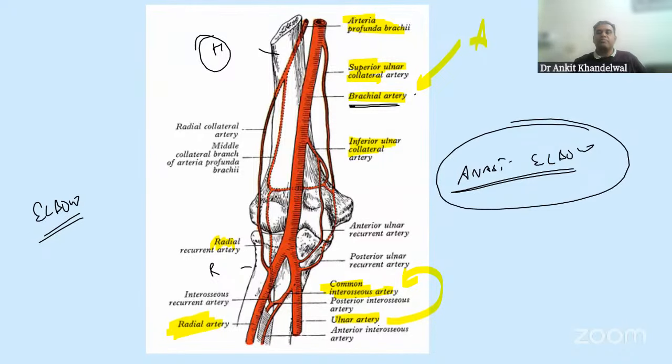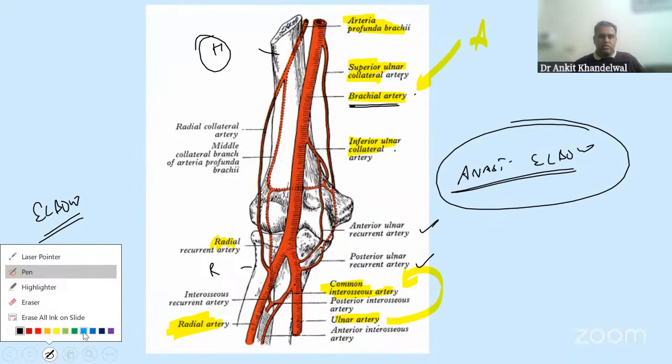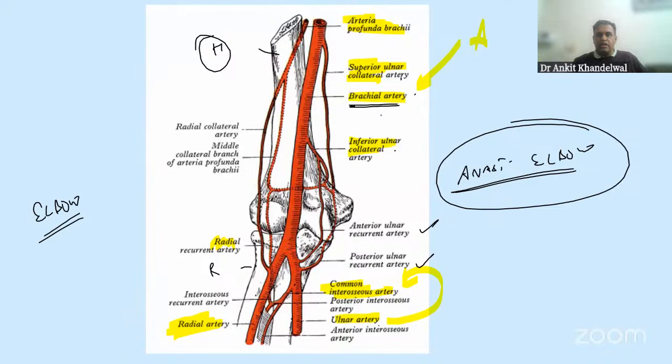Listen carefully. The brachial artery is giving off ulnar collaterals. The ulnar artery over here also gives off the anterior and the posterior ulnar recurrent arteries. Now, which arteries anastomose with which? Let me try to show you over here that the superior ulnar collateral artery will go and anastomose with the posterior ulnar recurrent artery.